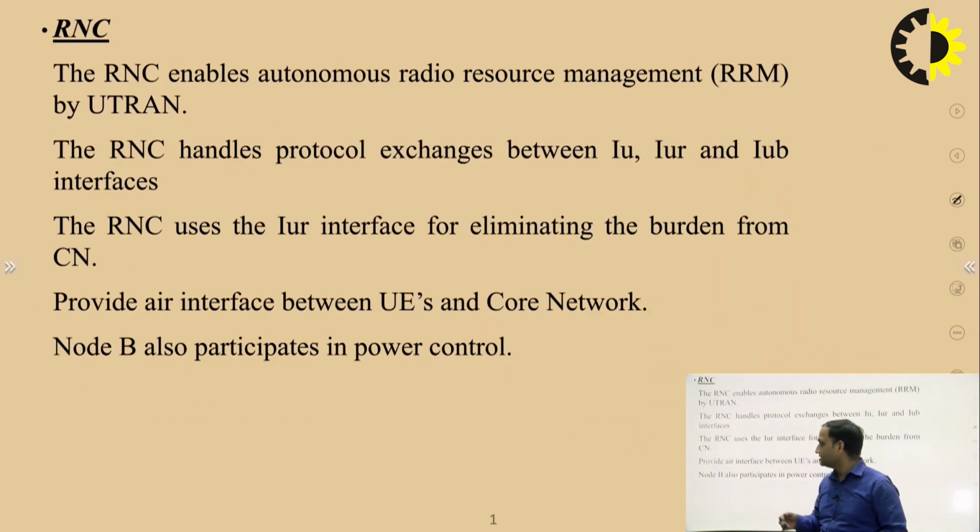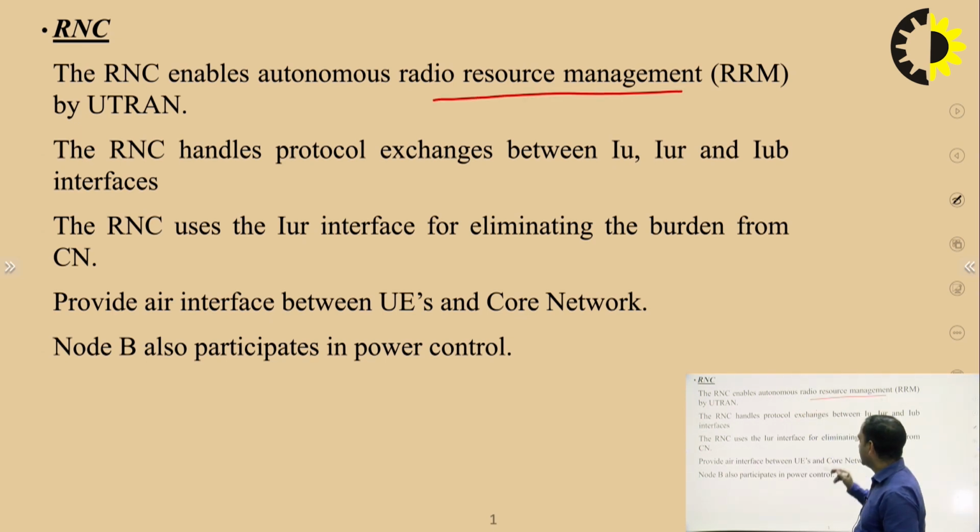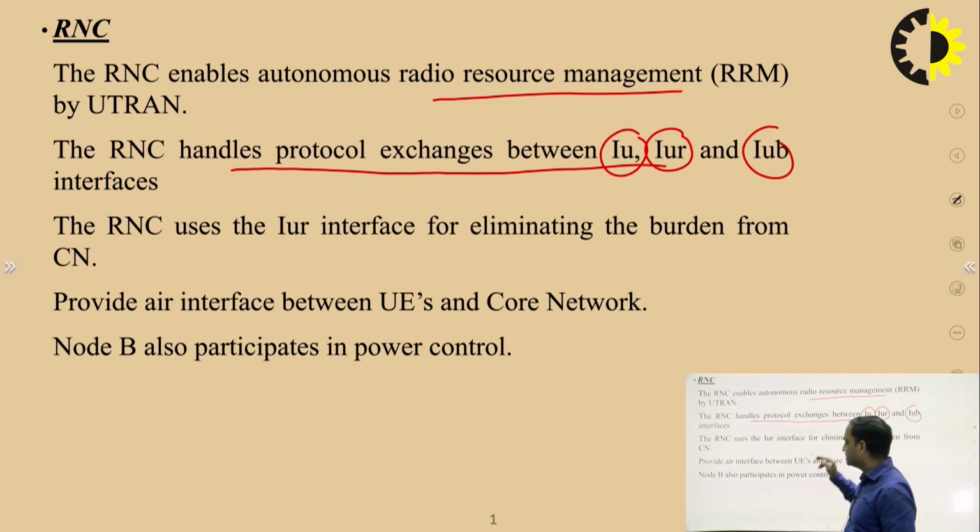Then the RNC enables autonomous radio resource management, RRM, in the UTRAN, and the RNC handles protocol exchange between the IU, IUR and the IUB. These are the interfaces which are used between the node Bs and the RNCs.